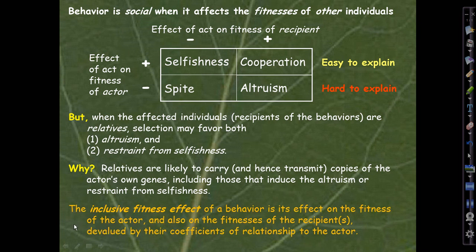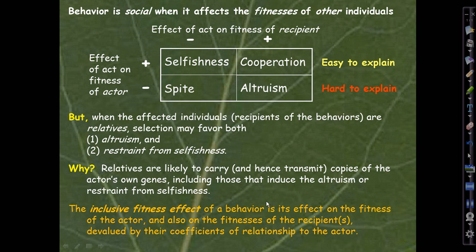Hamilton's great contribution to this subject was defining the inclusive fitness effect of a behavior as its effect on the fitness of the actor, plus or minus, and by how much, and also on the fitness of the recipients, devalued by the coefficients of relationship to the actor.